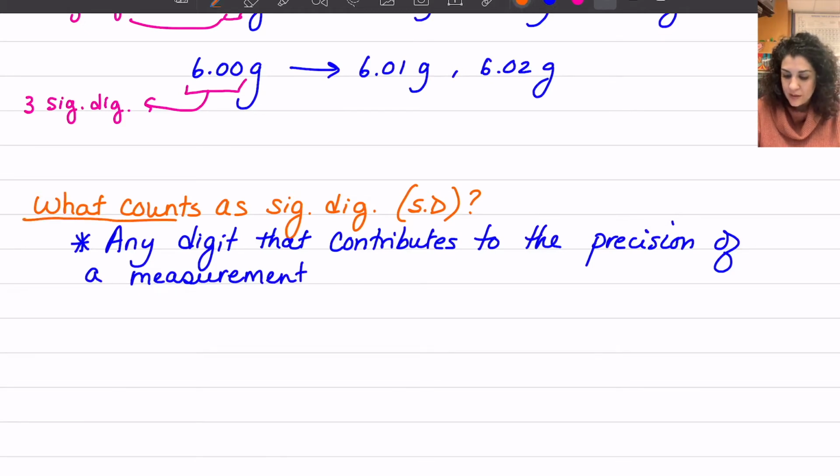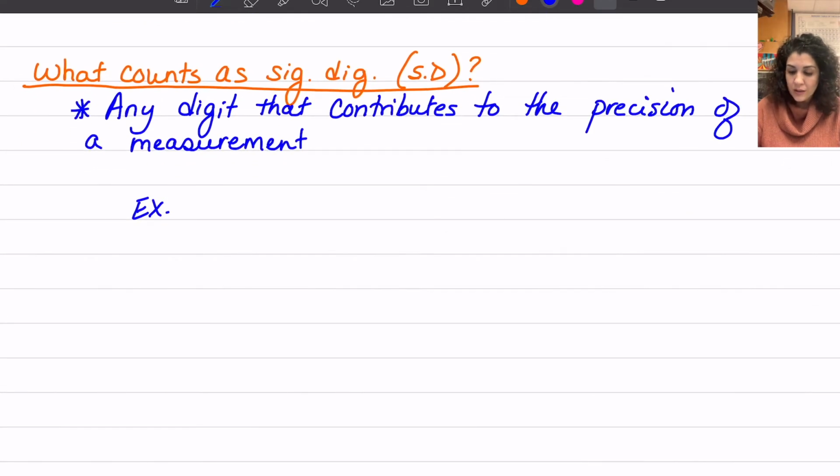So in order for this definition to be complete, then we have to see what contributes and what doesn't contribute to the precision of a measurement. There is something called trailing zeros. And these are the zeros that come after any non-zero digit.